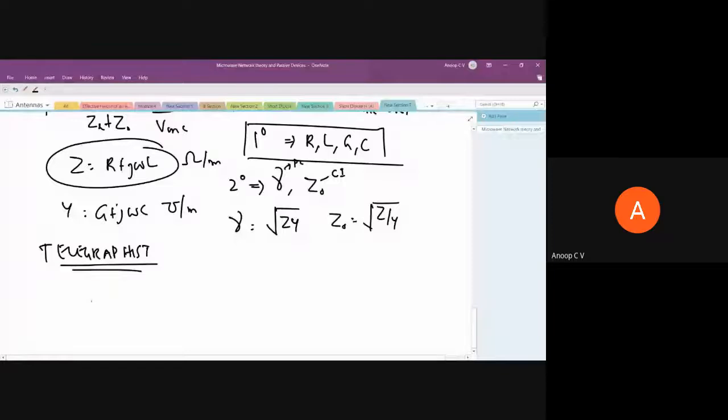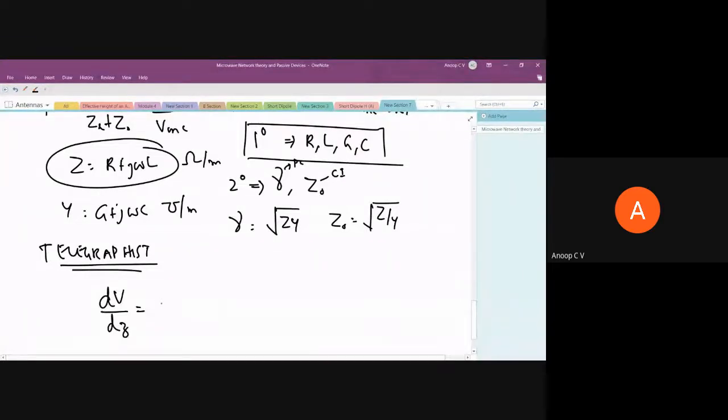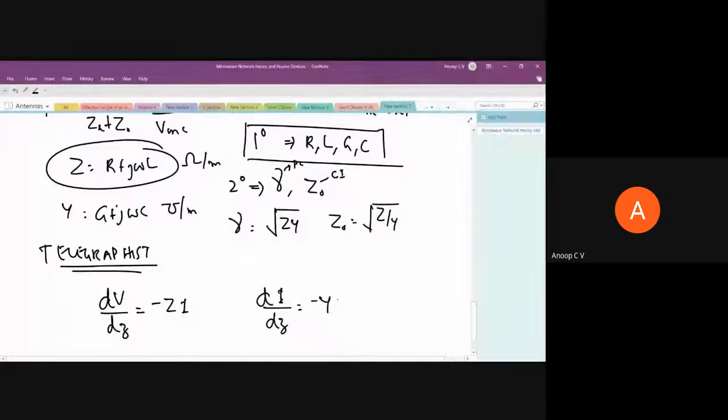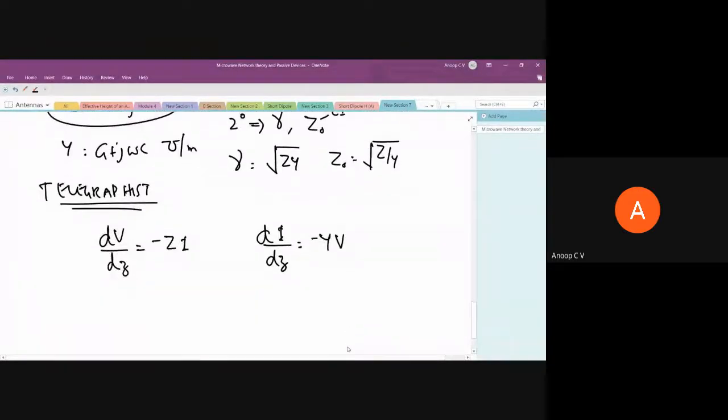Equation in phasor form, where dV by dz, where V is the voltage phasor, is equal to minus Z into I, and dI by dz is equal to minus Y into V. So these were the very basic equations. These are coupled equations.